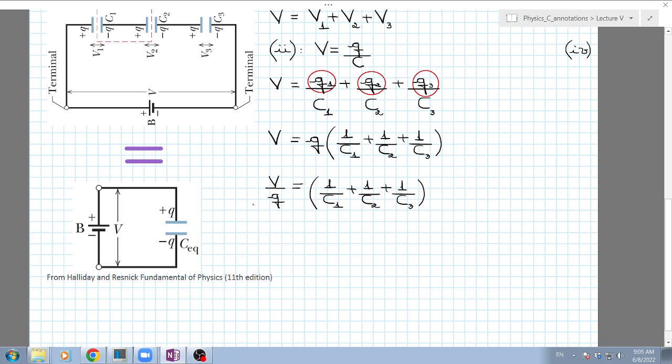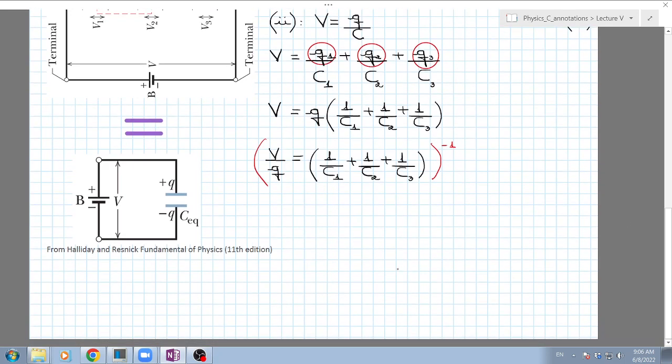So if you raise the whole equation to the power of minus 1, you are going to have the equivalent capacitance. That means that we can write these terms here as follows.